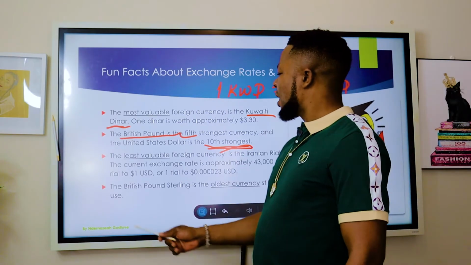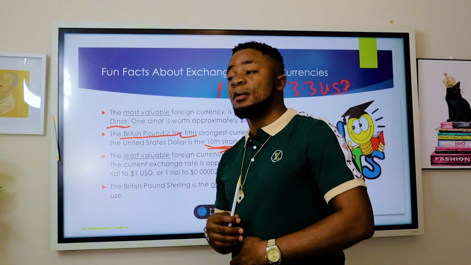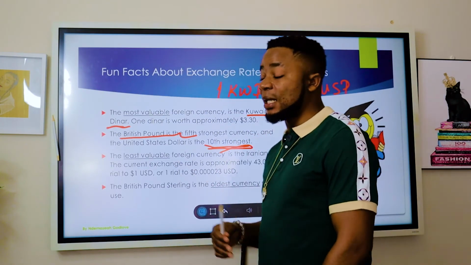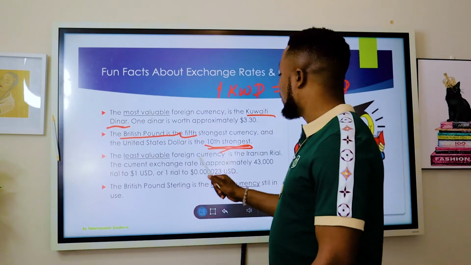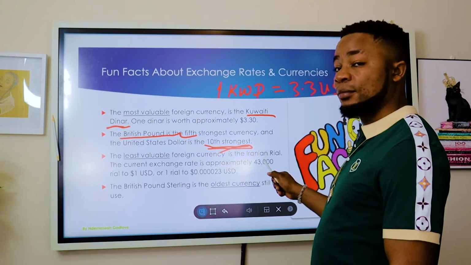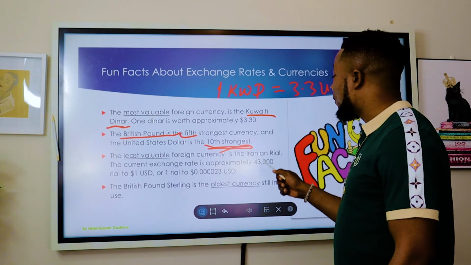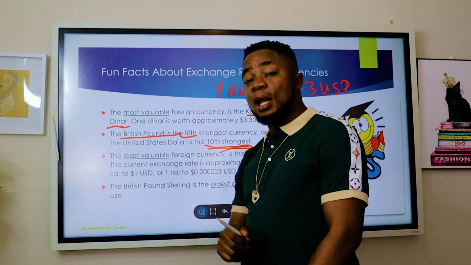And then the least valuable, even though we've spoken about the Zimbabwean dollar being so overinflated, the least valuable foreign currency in the world is the Iranian rial. The exchange rate is approximately 43,000 rial to $1.